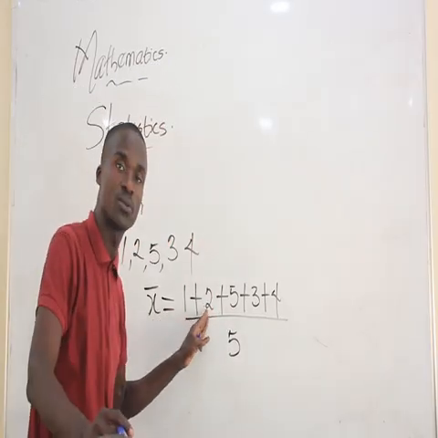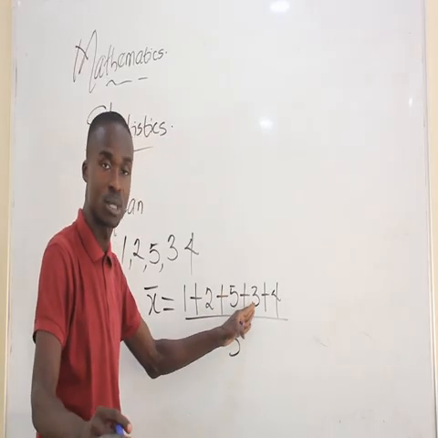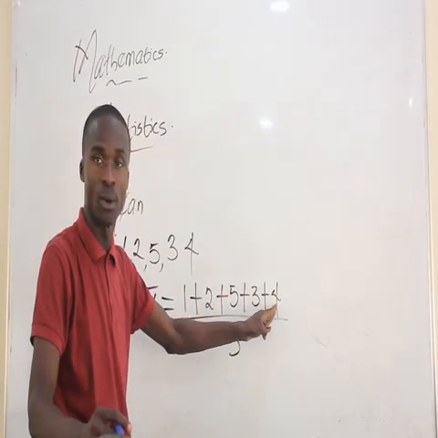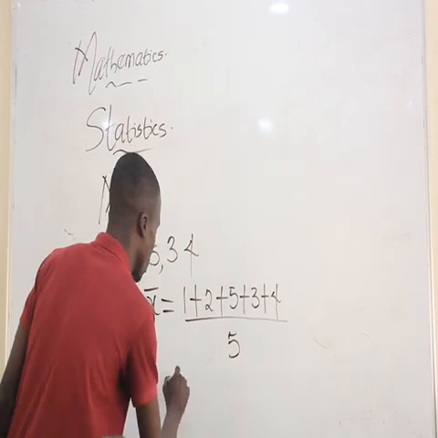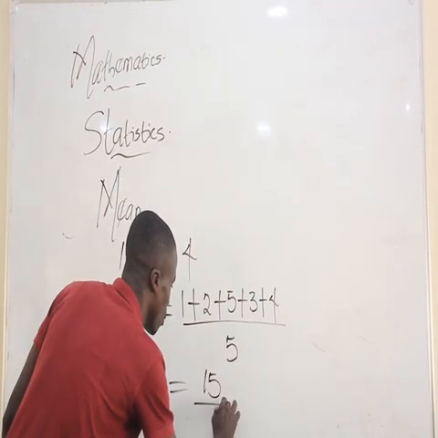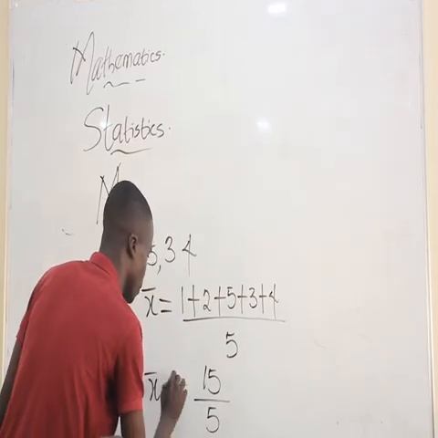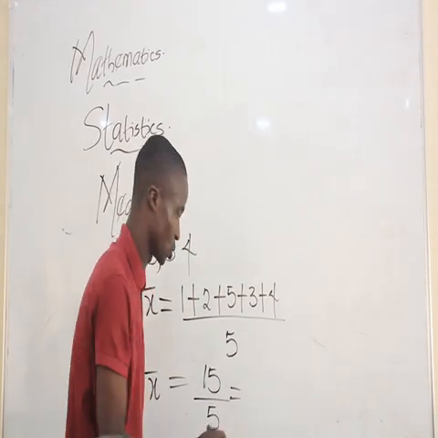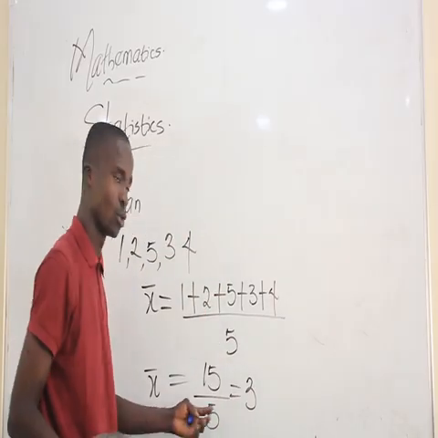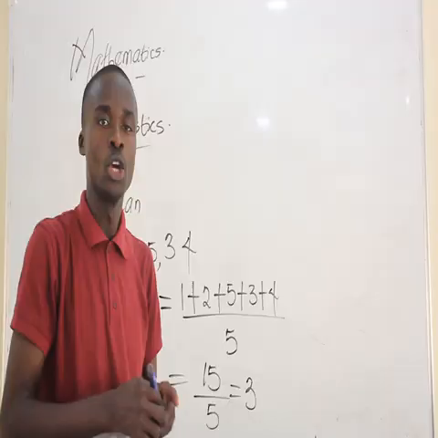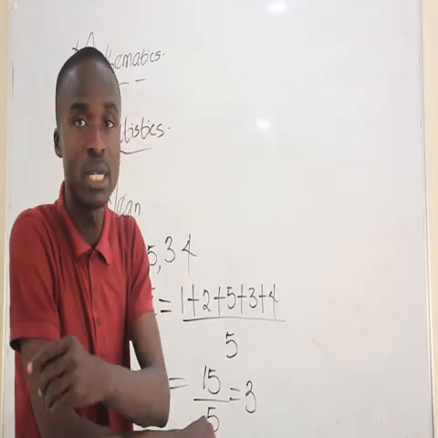Now 1 plus 2, 3 plus 5, 8 plus 3, 11 plus 4 is 15. So you have 15 over 5. Therefore, your mean is 3. This is how you calculate your mean.